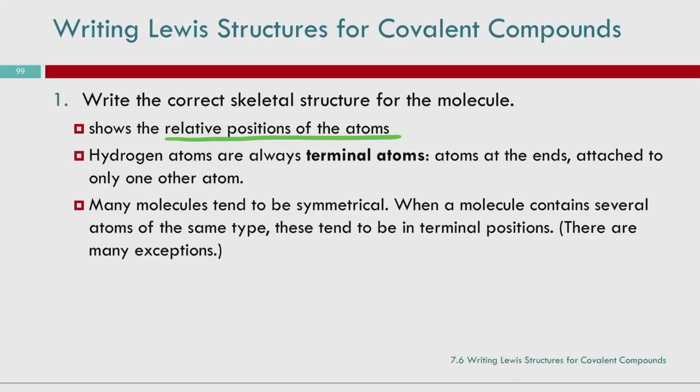One of our rules, hydrogen atoms are always terminal atoms. They're at the end. Terminal here meaning at the end. The reason that hydrogen is always terminal is that hydrogen only forms 1 bond.